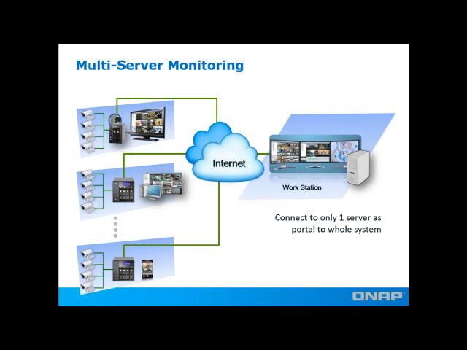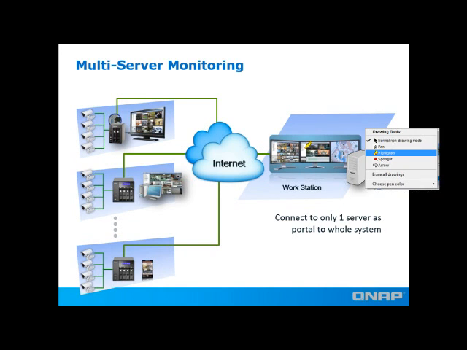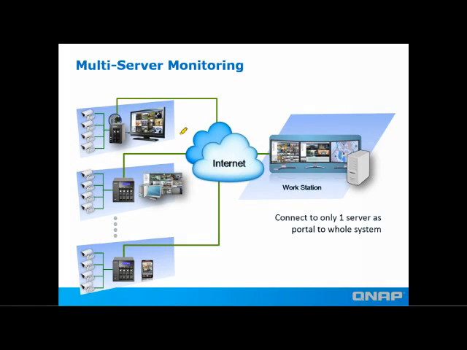The next feature is similar to a CMS, so it's called multi-server monitoring. So basically, you can daisy chain several systems together, and then the users on their PC can just log in to one location as a portal.